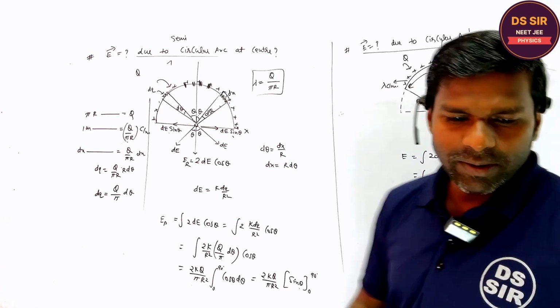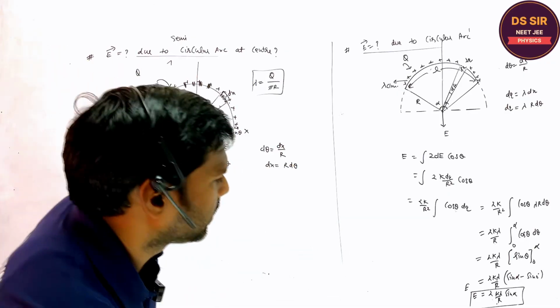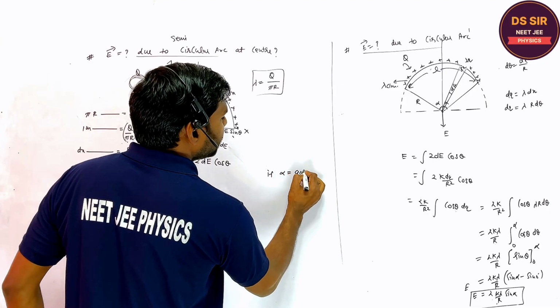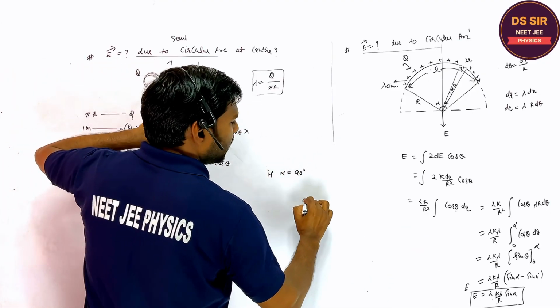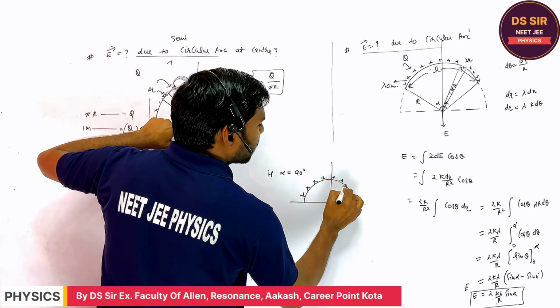If alpha become 90 degree, here as it is shown in this figure, right? If alpha is 90 degree, mean it become what? The semicircular arc, right?